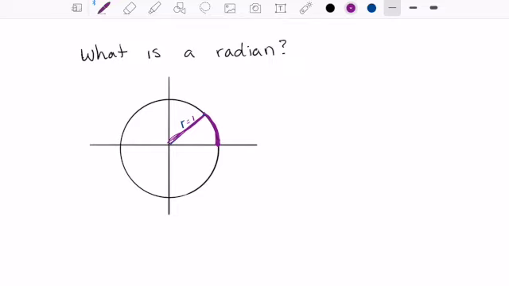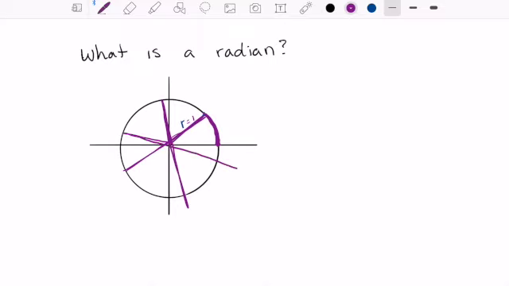That measurement is 1 radian, meaning the radius laid down on the circumference of the circle equals 1 radian. Now, when we start discussing the unit circle, and this is going to be a pretty rough sketch, we have something interesting happen with these measurements.